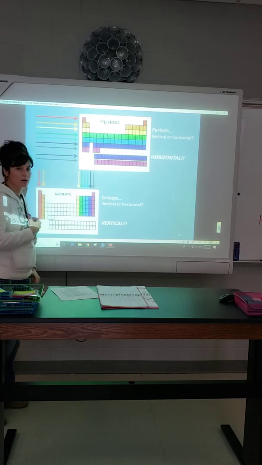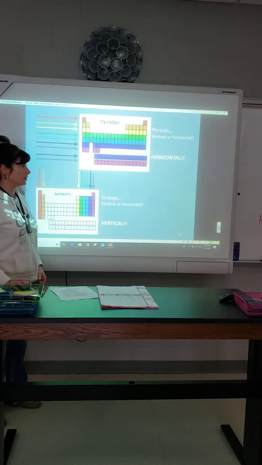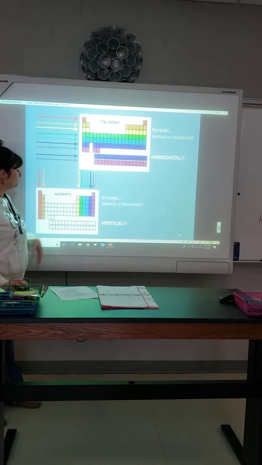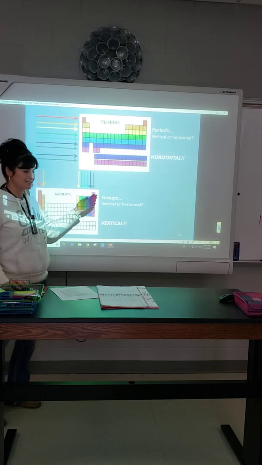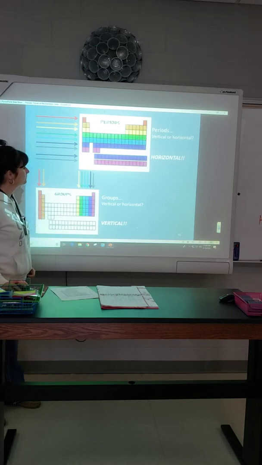These 8 are extremely predictable except for group 4, and we'll talk about why that is in a minute, okay? But you'll notice, these ones are not colored in. They are not considered part of our valence electrons because they don't behave predictably.